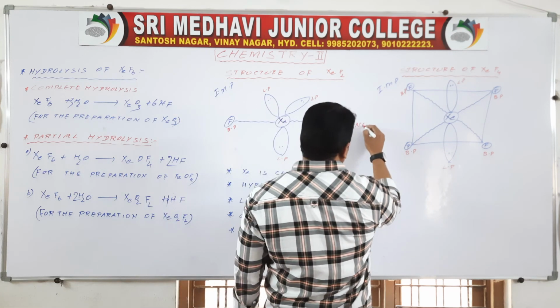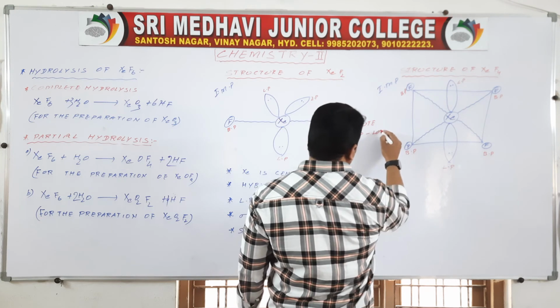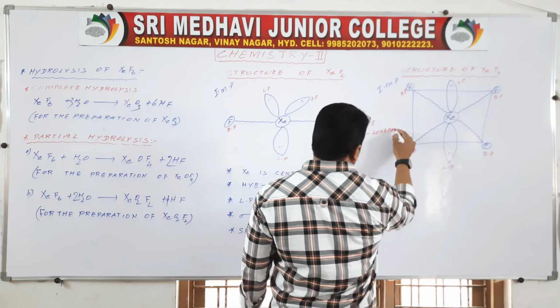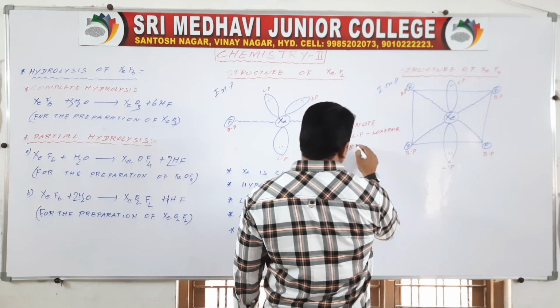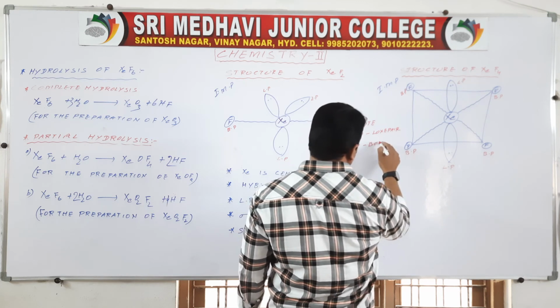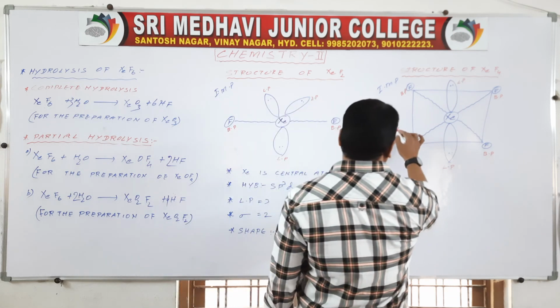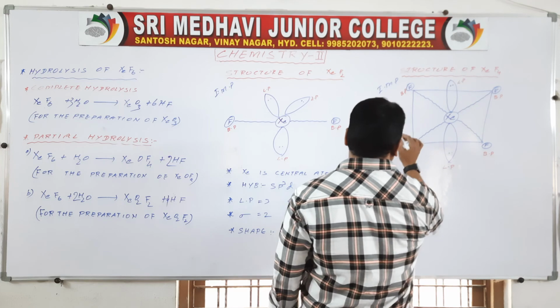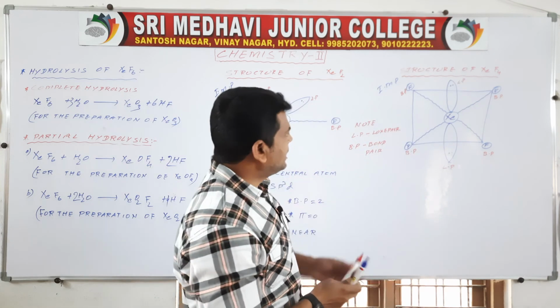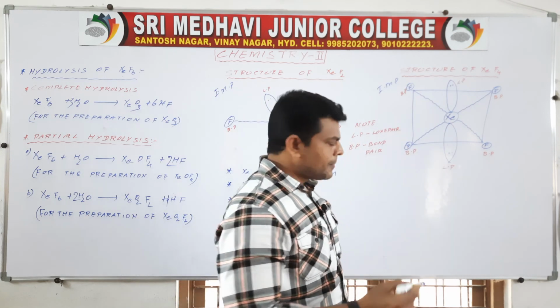Okay. See here. Note: LP means lone pair, BP means bond pair. Okay. Remember this note. See here, it is the structure of this molecule.